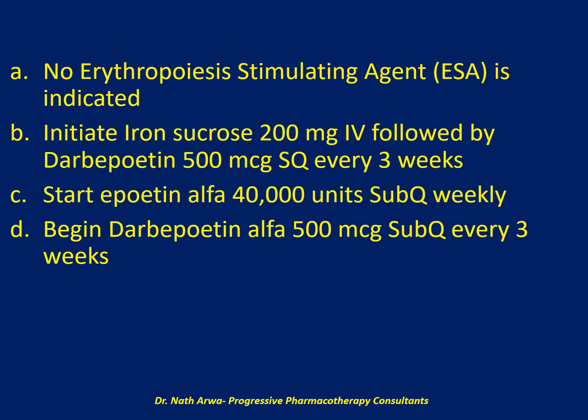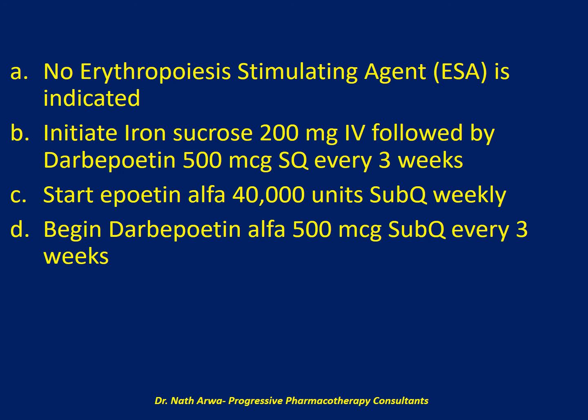Is it true that no erythropoiesis stimulating agents, the ESAs, is indicated? Or is it true that we should initiate iron sucrose at a dose of 200 milligrams IV followed by darbepoetin alfa at a dose of 500 micrograms subcutaneously every 3 weeks?